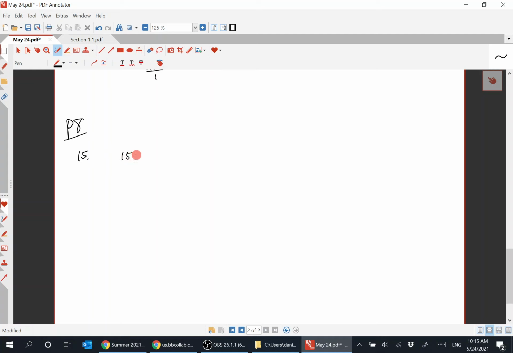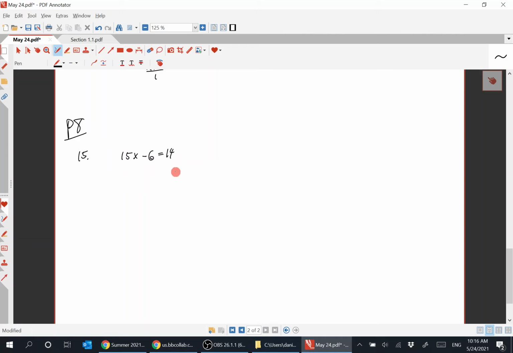So the simplest linear equation looks like this. And again, what's an equation? An equation has a left-hand expression, a right-hand expression, and an equal sign in between.